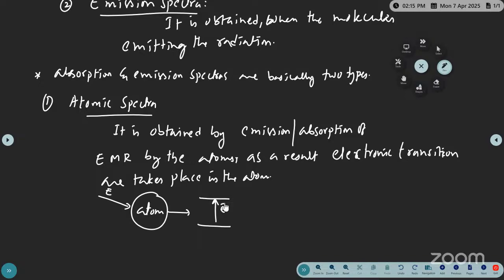Like that, electrons are jumping from lower to higher, higher to lower. That type of transition is known as electronic transition. So in the atomic spectra, electronic transitions take place. This is atomic spectra.